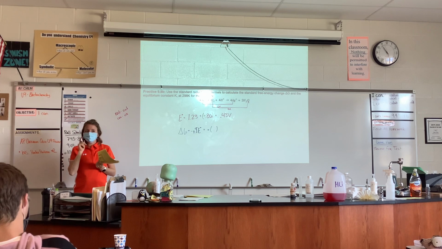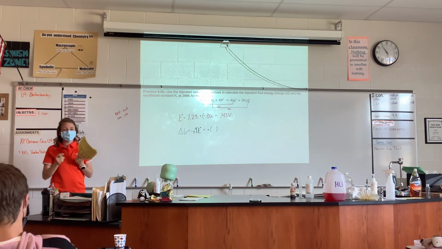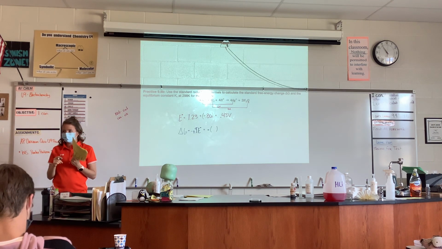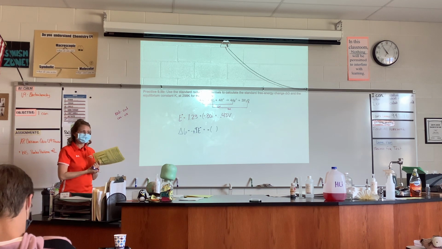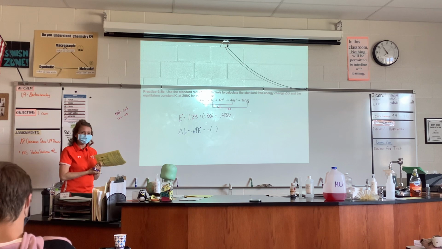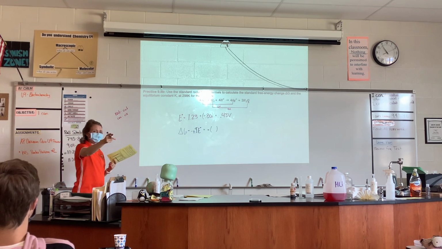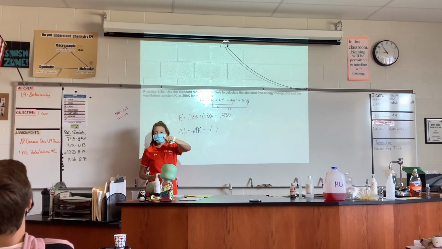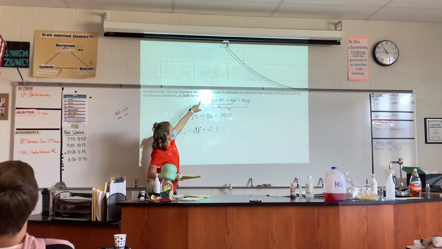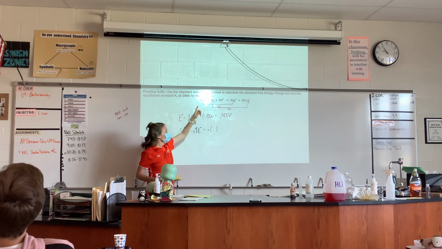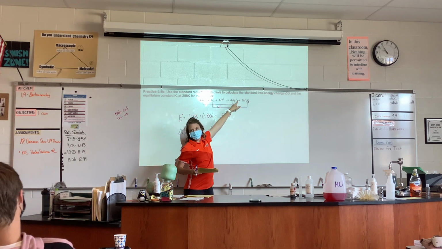Okay, so first we have to figure out from the balanced equation how many electrons are being transferred. How many moles of electrons? Any ideas? Three? Why three? Look, this goes 4 to 1. Good. Evan noticed here, everybody, that we're going from 4 Ag at 0 to 4 Ag plus.